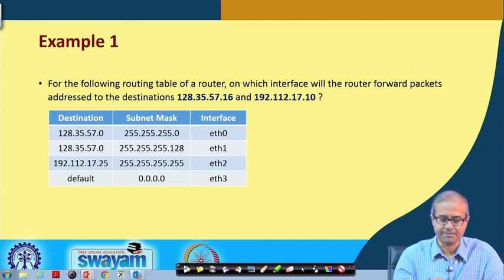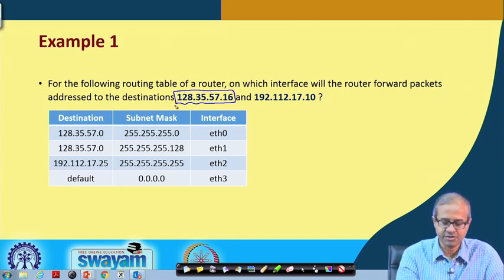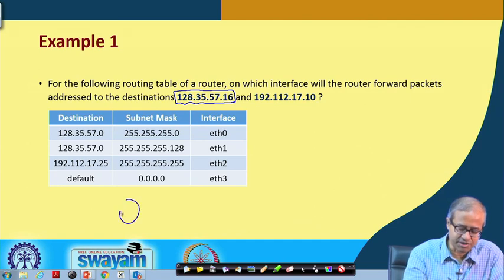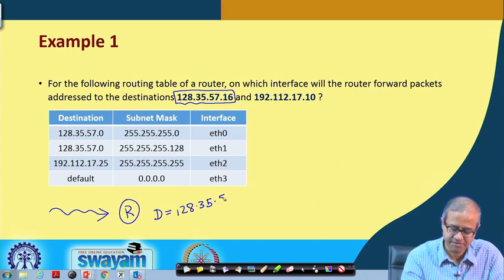So, let us see. Now, the question is, there is an IP packet. Let us take the first example here. There is an IP packet which comes to the router, where the destination address is given by this 128.35.57.16.